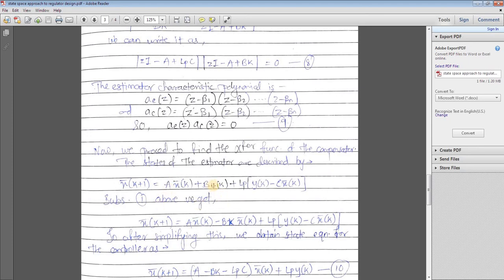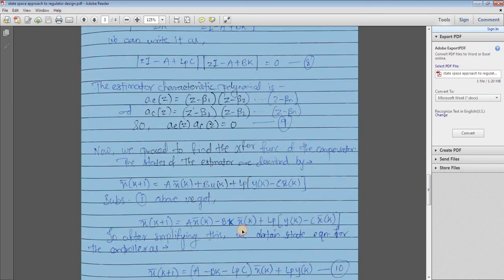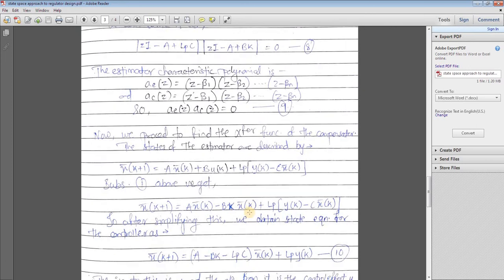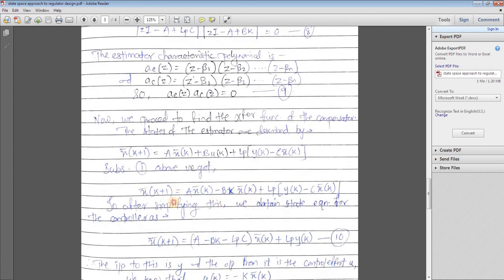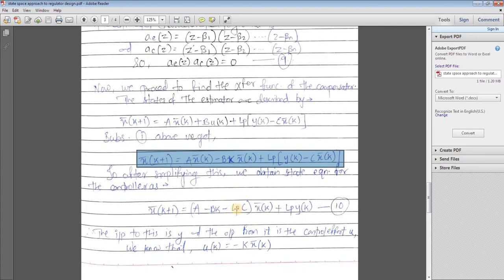Now we can replace u of k equals minus K x bar of k, and in the next line, the remaining equation stays as it is. After simplifying this equation, we obtain the state equation for the controller. Just take the like terms, for example the common terms.